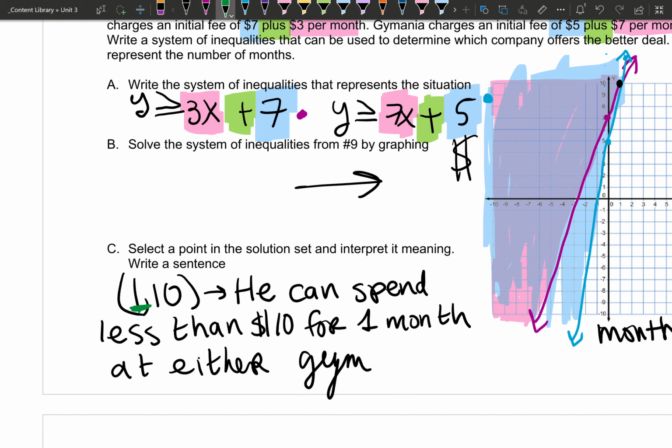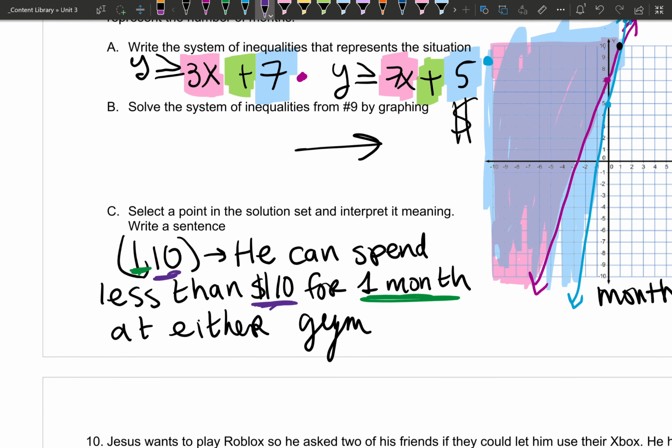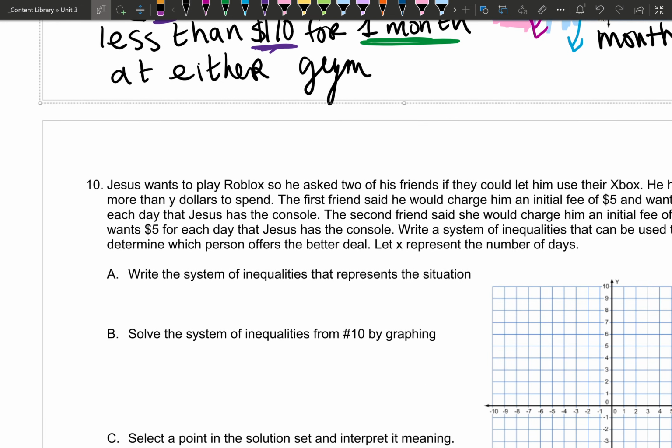Our X's represented the months. Our Y represented the money. Let's try that one more time, and then we'll be done.